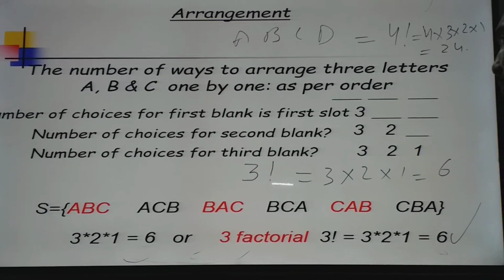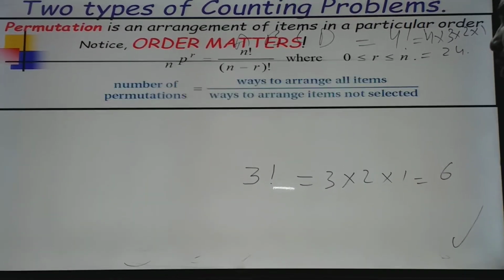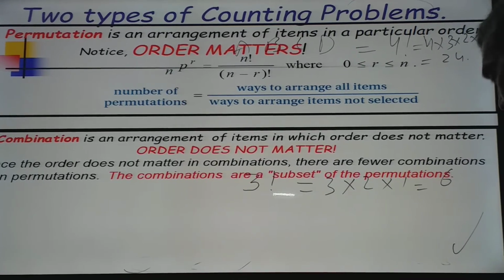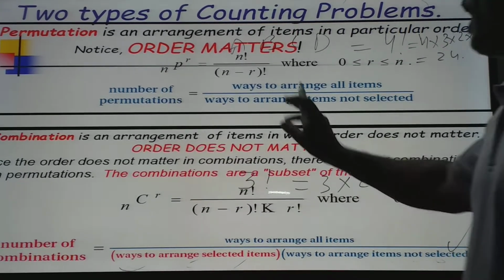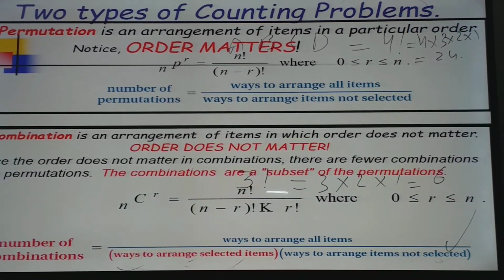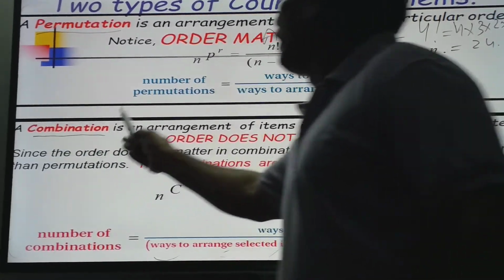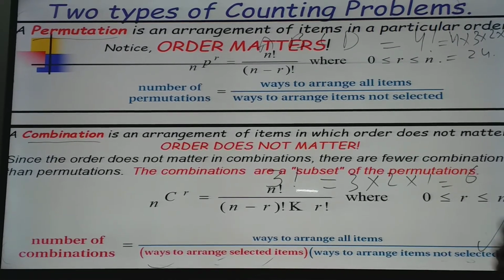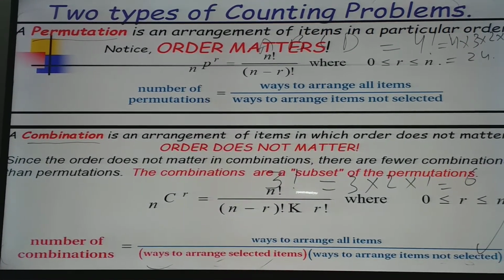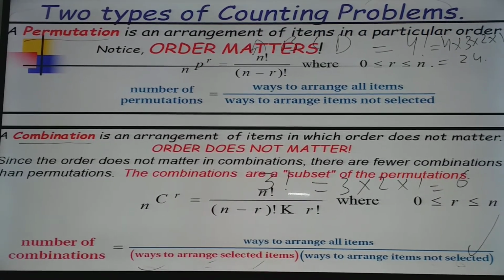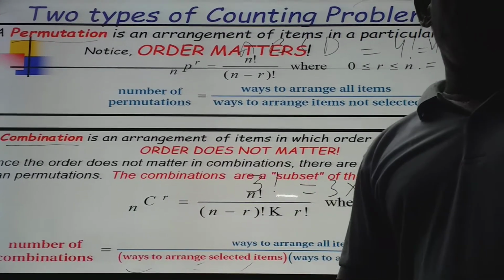But there are other methods, which are two: one is permutation and another is combination. These 2 methods are used for finding the number of ways to arrange things in some given slots.